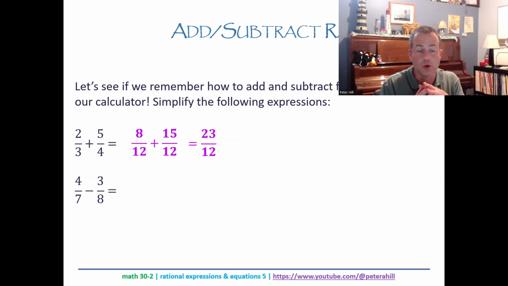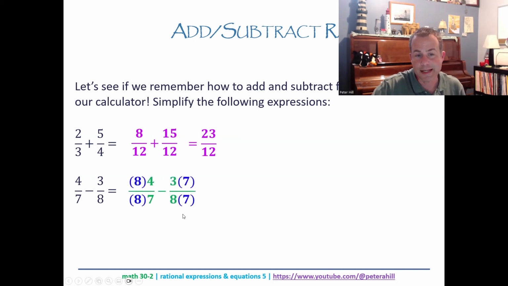So the first guy needs an 8, so I'm going to put an 8 on the bottom and on the top. The second guy needs a 7, so I'm going to put a 7 on the bottom and on the top. It's essentially the exact same thing I said above in that first example. It's just a little bit of a different way of looking at it.